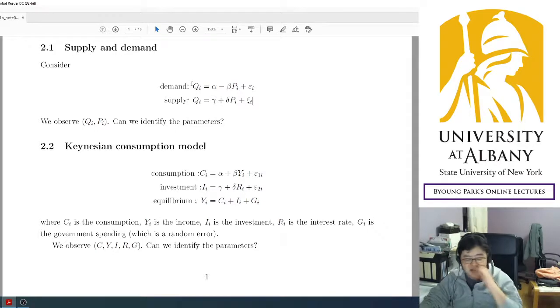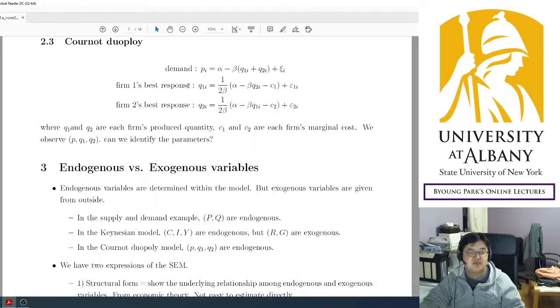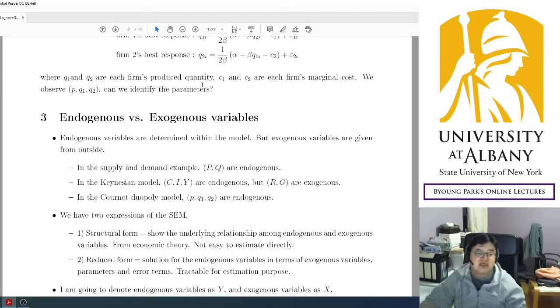Based on the reduced form equation, you can see how the equilibrium is determined, but it does not show the relationship between Q and P in the demand or in the supply. That's the difference. Later, you will see what the difference is.